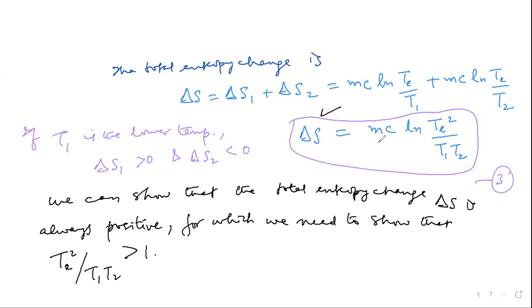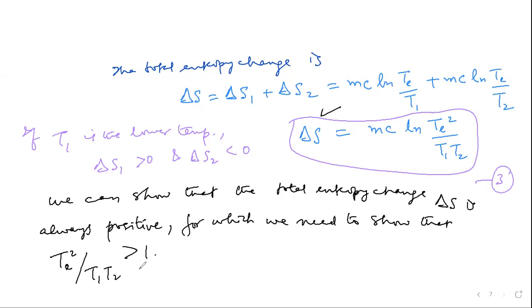Now MC is always positive. Now this natural logarithm can be positive or negative. If this TE square by T1 T2 is greater than 1, logarithm will be positive and change in entropy will be positive. So to show that total entropy change is always positive, we need to show that TE square by T1 T2 is greater than 1.